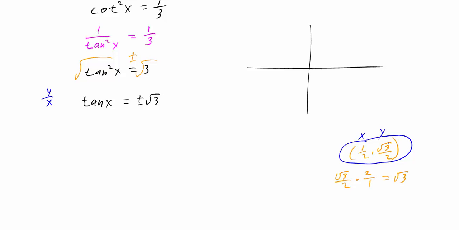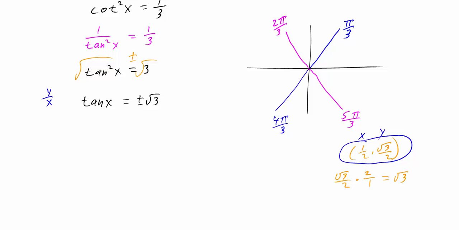Okay, and that's going to occur up here in the first quadrant at pi over 3, and in the second quadrant that's going to be at 2 pi over 3, and the third quadrant down here would be 4 pi over 3, and then in the fourth quadrant that's going to occur at 5 pi over 3.